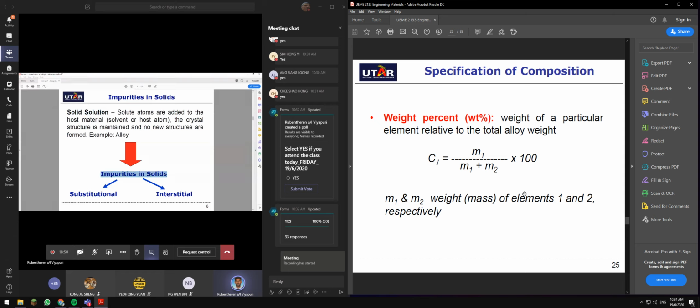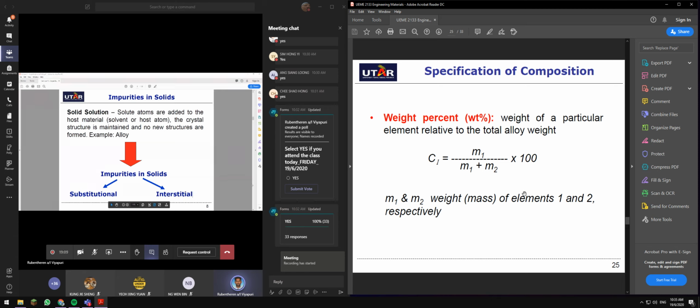For example, you have iron, Fe, and when you add magnesium, you are adding foreign material into iron and it becomes an impurity. It can be either substitutional or interstitial.